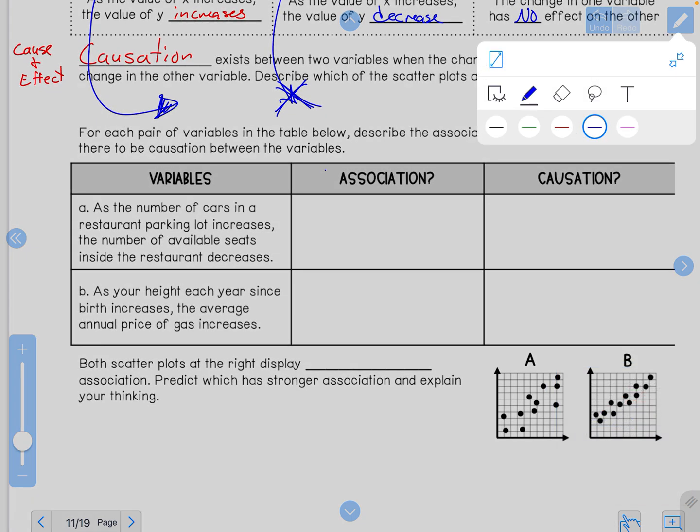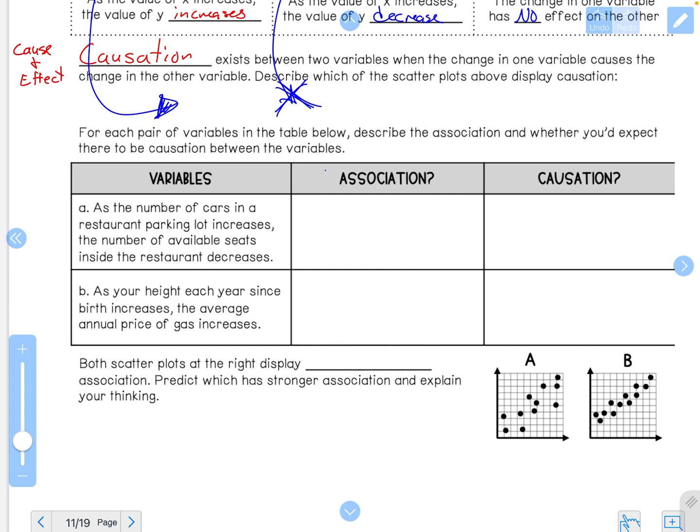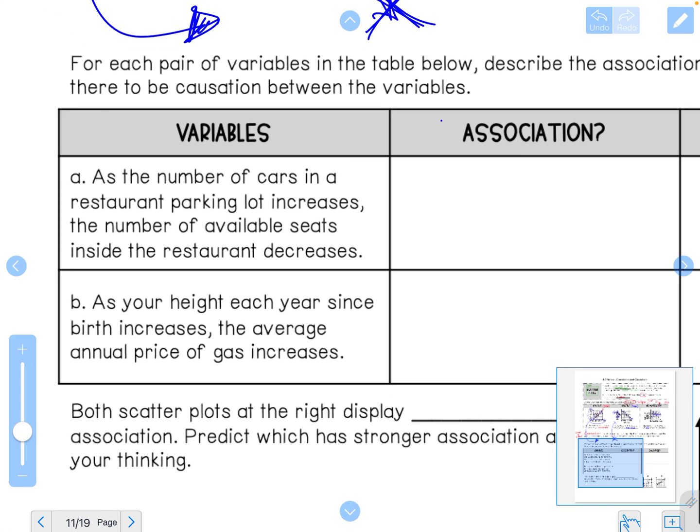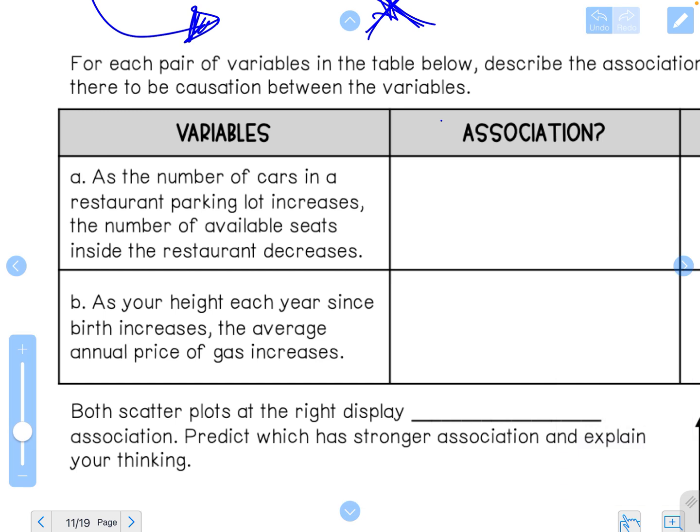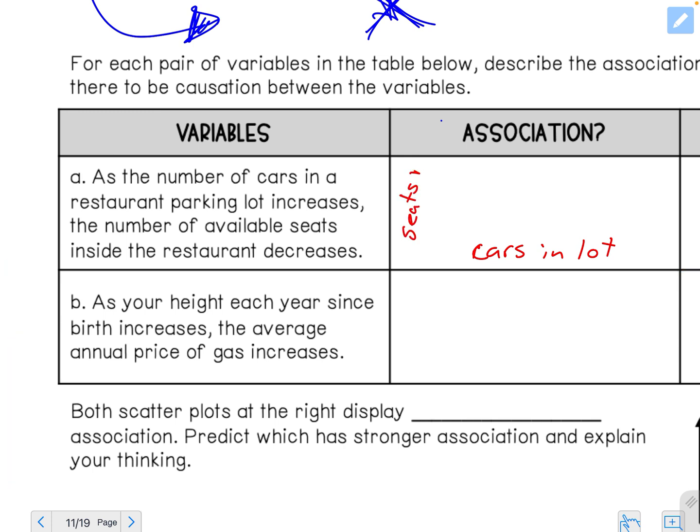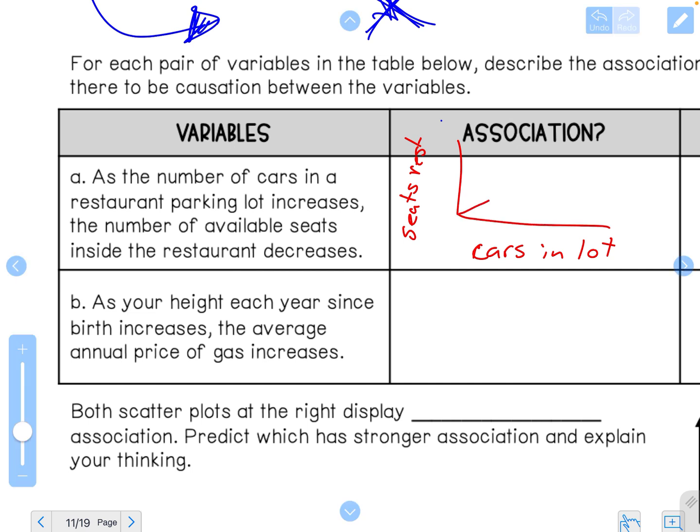Now we're going to look at the difference between association and causation. As the number of cars in a restaurant parking lot increases, the number of seats in the restaurant decreases. So let's think of our graph. If there are fewer cars, there are more seats.